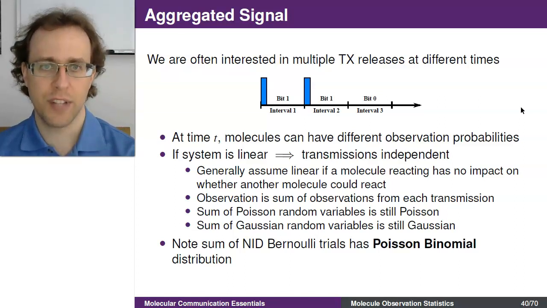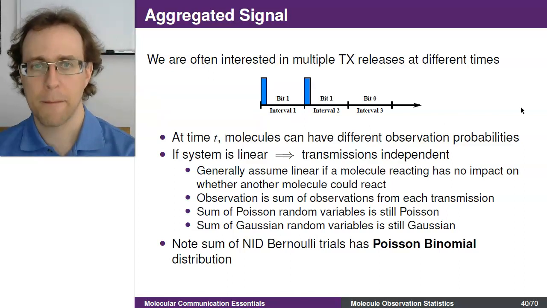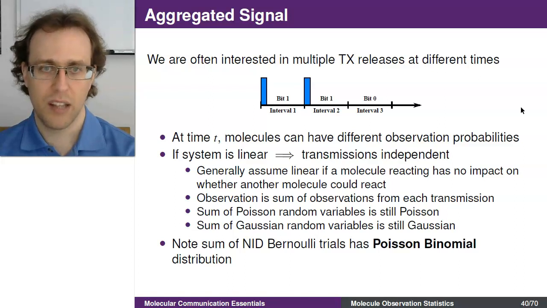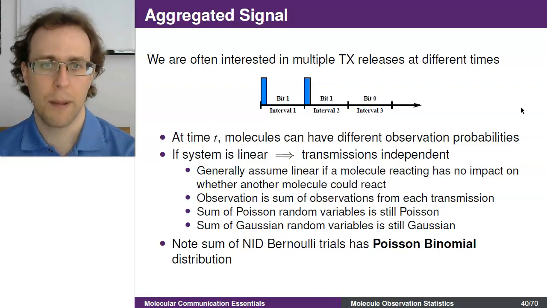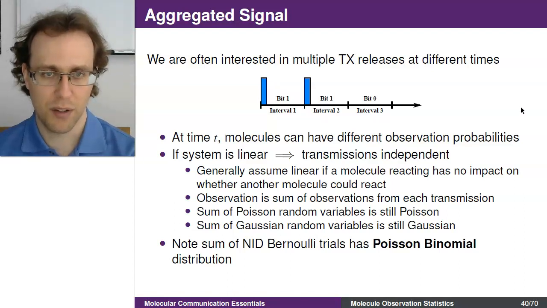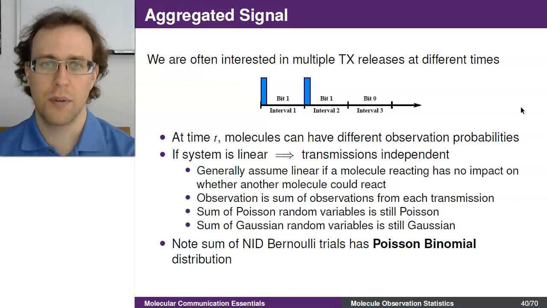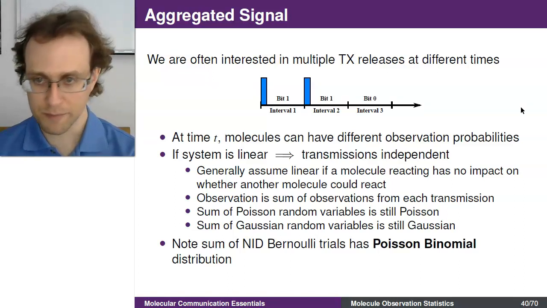Let's say you have receptors on a receiver, but you have a limited number of receptors. If a molecule binds to one of those receptors, then you have fewer receptors that are still available for reactions. So this means then that there is not independence between molecules that are propagating, so you then cannot assume linearity.